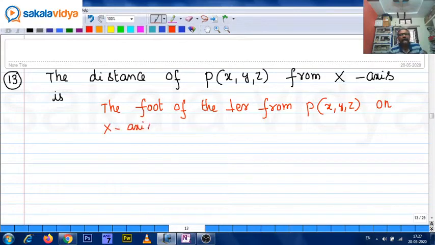On the x-axis, Q is (x, 0, 0). Am I correct? The y coordinate and z coordinate both become 0.